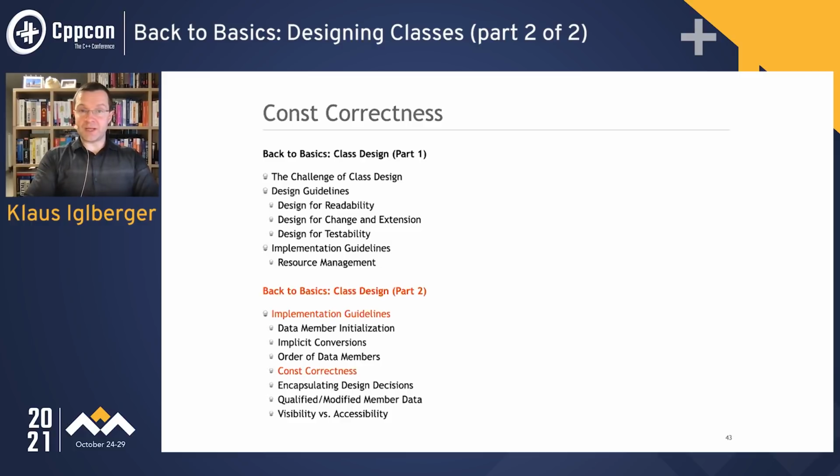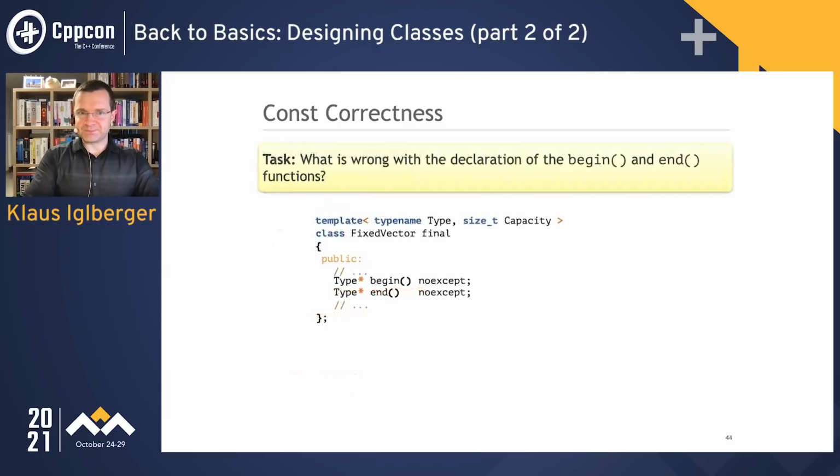All right. So then let's talk about something else, const correctness, which of course is super important. Const may be the most important keyword in the language, the safety switch in C++. And so I start with a fixed vector again. The fixed vector class is supposed to be a container.